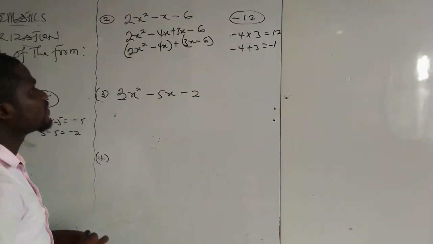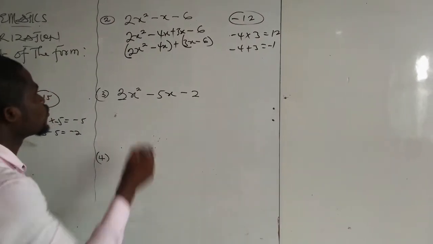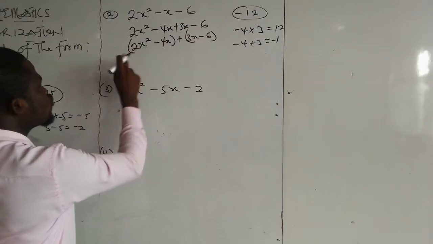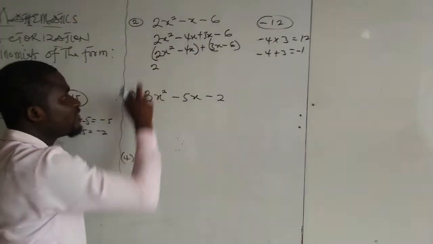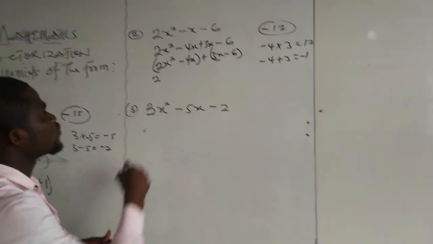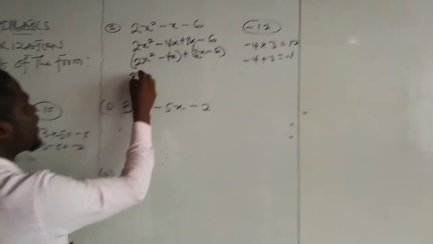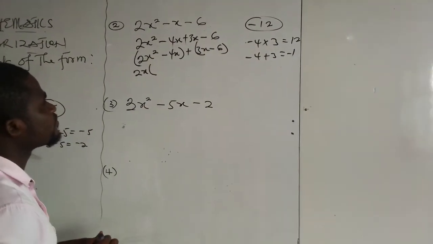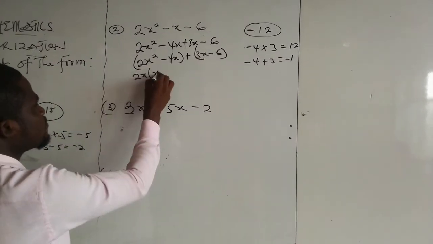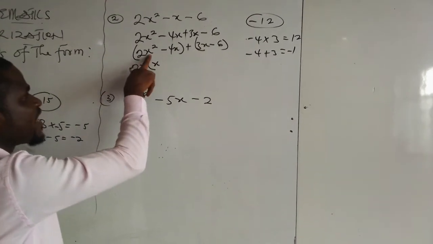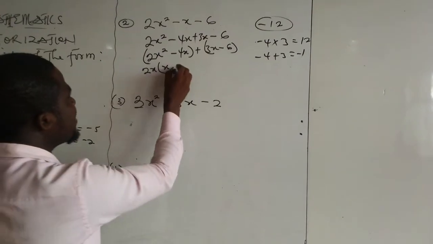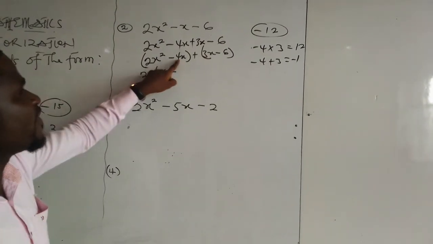Now, when you are done, you are going to factorize. So, which figure is common here? 2. Because 2 can go into itself, 2 can go into 4. So, 2x is common. 2x into brackets. What remains here? x. Because 2x times x will give me 2x squared. Minus 2 times what will give me 4.